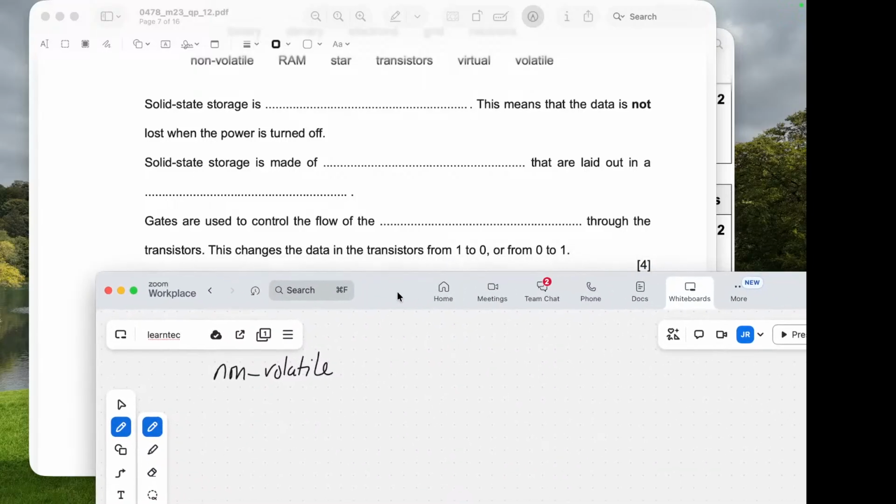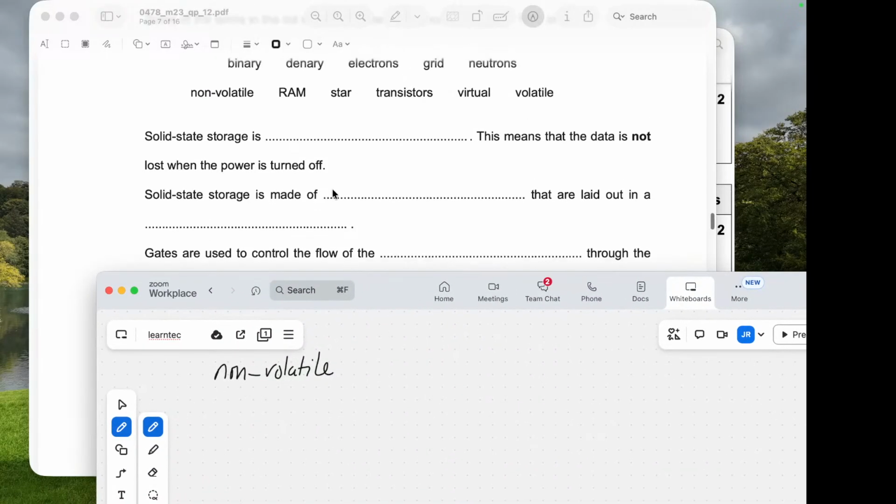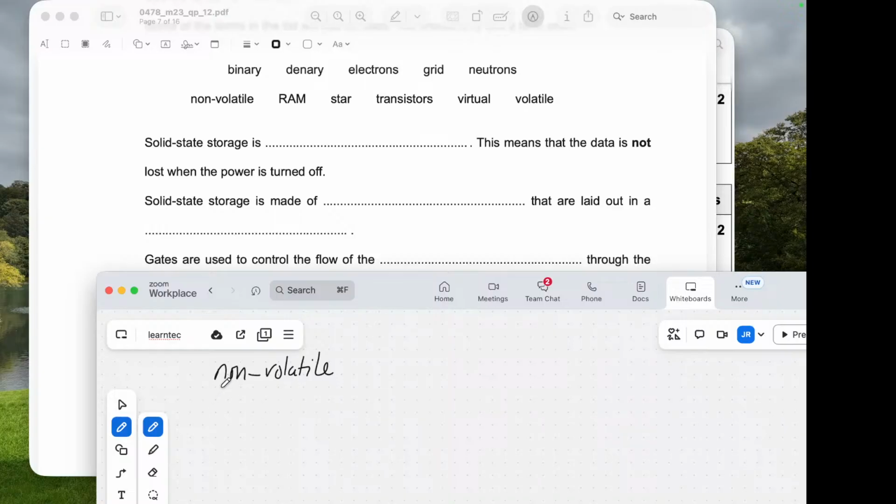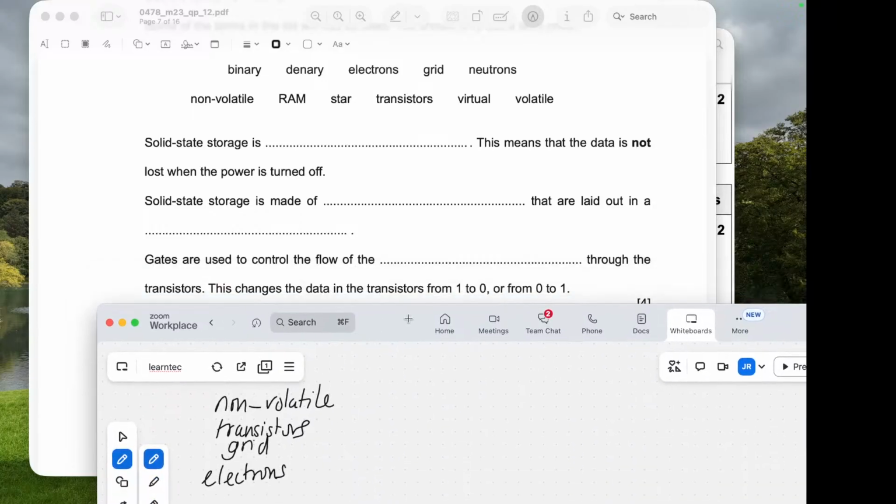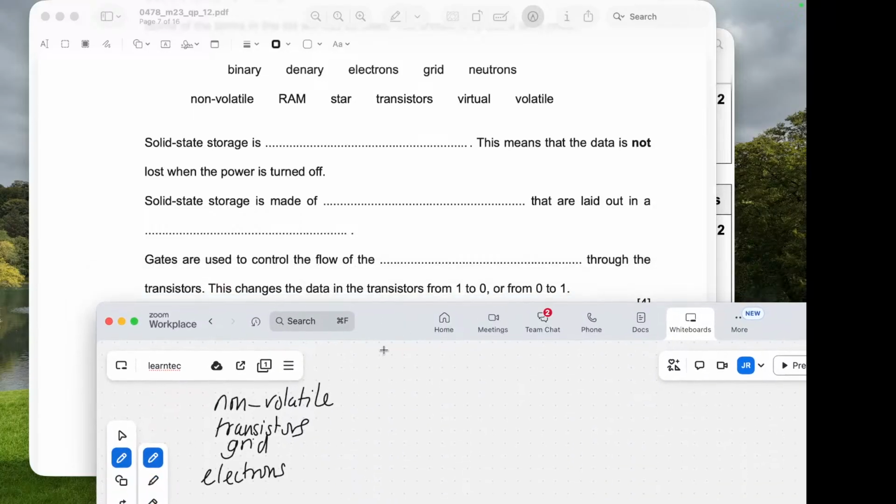Solid state storage is made of transistors that are laid out in a grid. Gates are used to control the flow of electrons through transistors. This changes the data in the transistors from 1 to 0 or 0 to 1. So it's non-volatile, transistors, grid, and electrons.